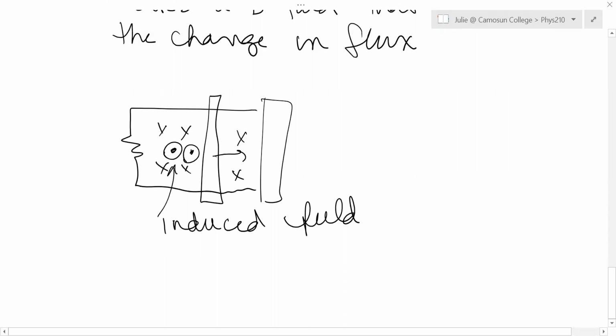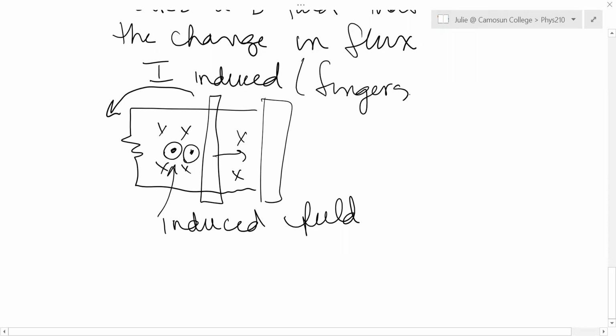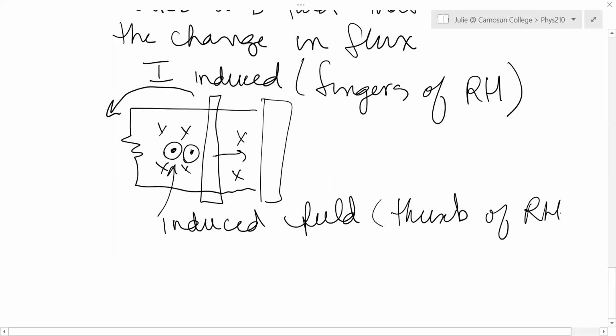Your fingers go counterclockwise. The induced current would go this way. So these are your fingers of your right hand. And the induced field, that's your thumb of your right hand. And so that's how you know which way the induced current will go. It will be counterclockwise. And in the videos on Mastering Physics, they have some good examples of this.